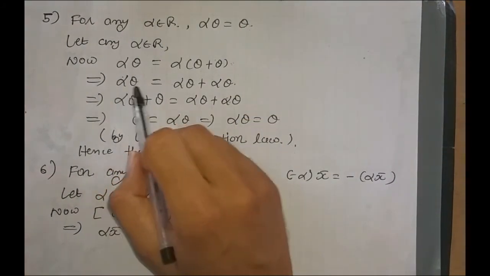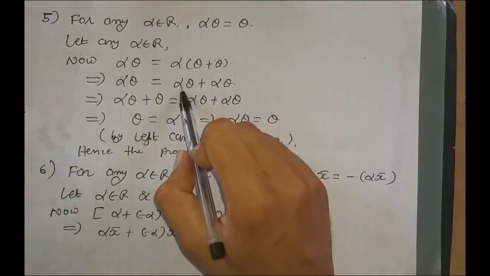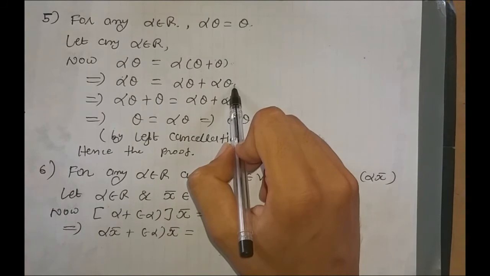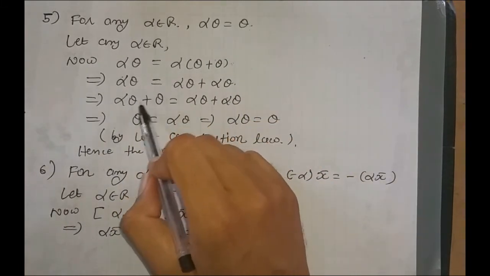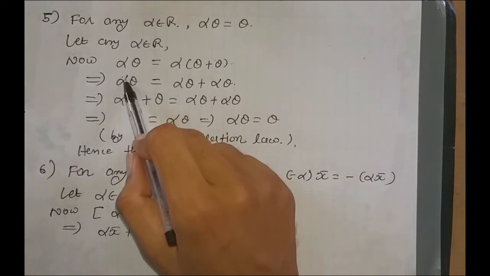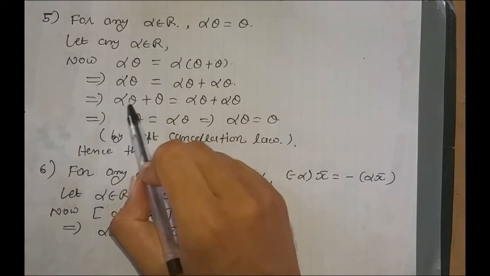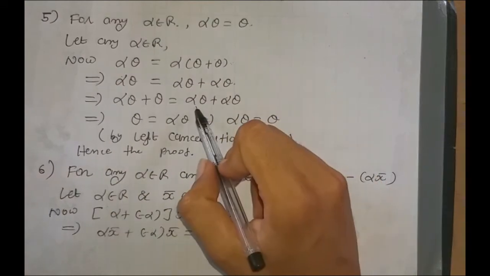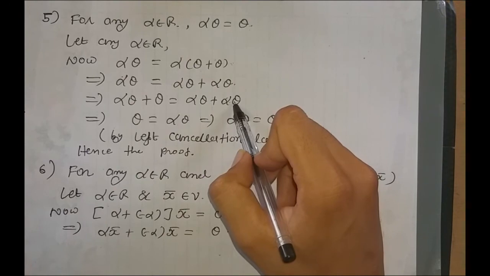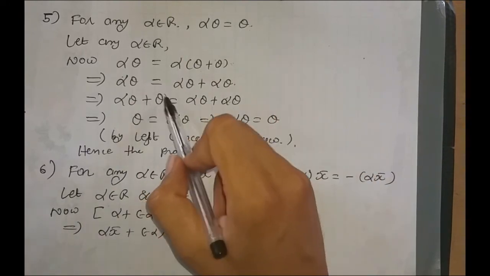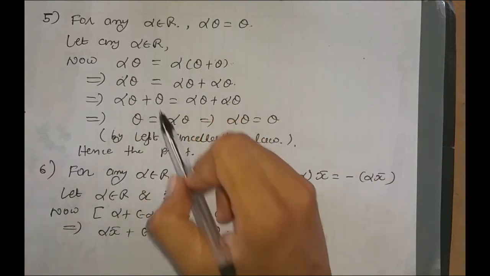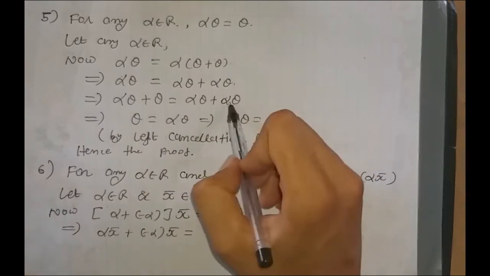So alpha theta can be written as alpha theta plus alpha theta. Now we add the 0 vector to the vector alpha theta. So we get alpha theta plus theta is equal to alpha theta plus alpha theta, because the addition of the 0 vector does not change the vector.